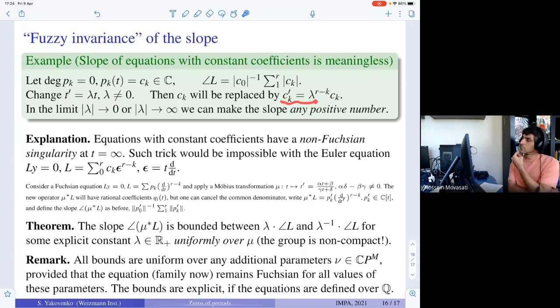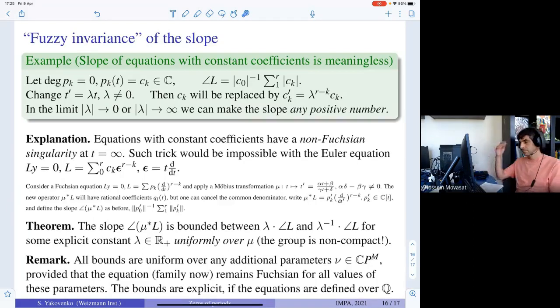Then the coefficients will change, again getting lambda to some power. But we can take the limit lambda equal to 0 or lambda equal to infinity to make the slope as small as we like or as large as we like. So it looks like the theorem I formulated is impossible, because I can always rescale the independent variable, make the slope equal to 1, and prove some universal bound, which simply cannot be true.